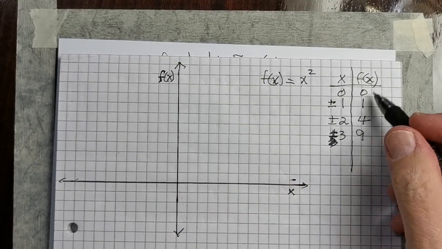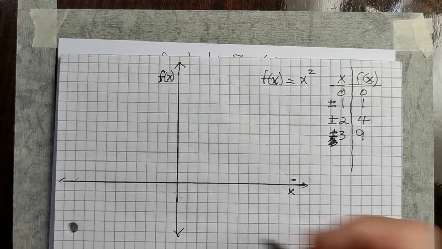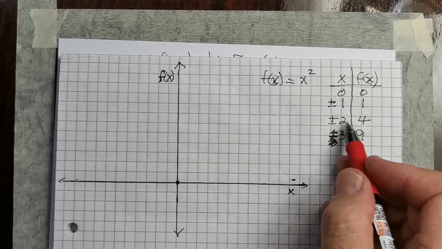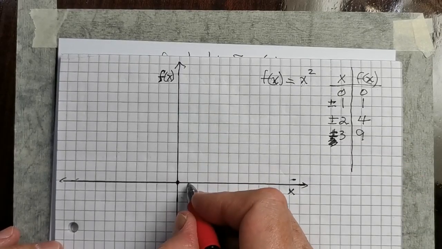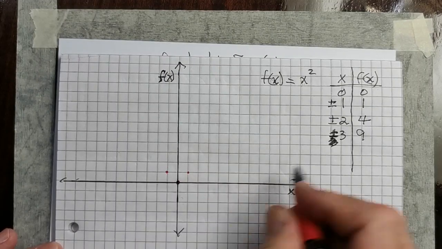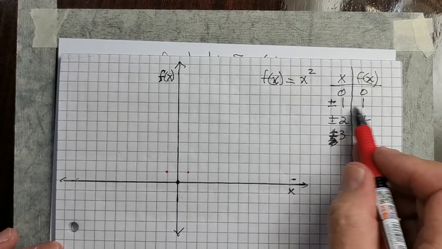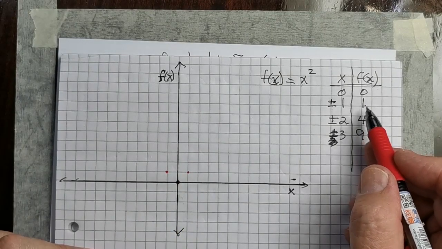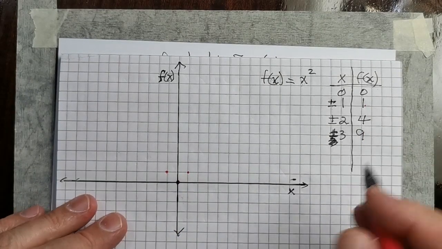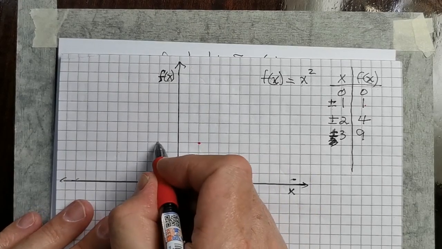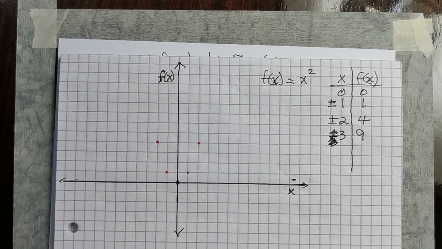So let's graph these points. 0, 0, right here, origin. Okay? That's 0, 0. How about 1, 1? Well, 1, 1 is here, or negative 1, 1 is here. So either plus or minus 1, we both get 1 out for our y coordinate. If I put in plus or minus 2, here's 2, and then 4 right there, and another 4 over here.